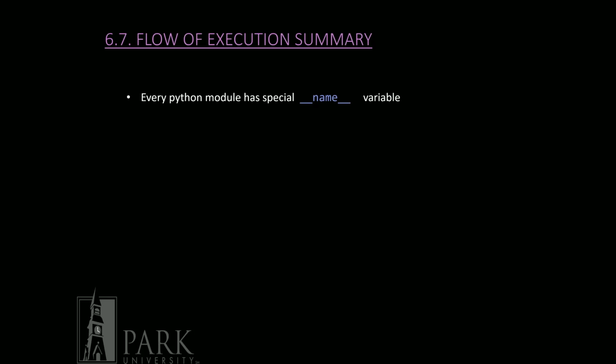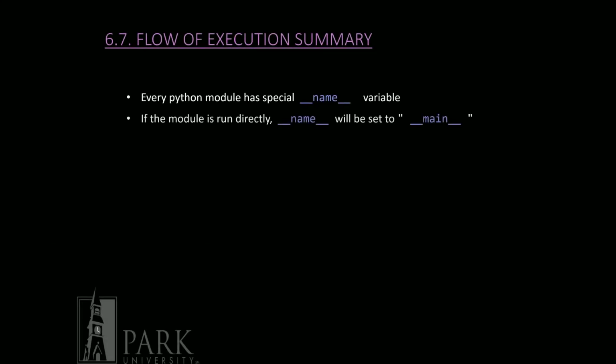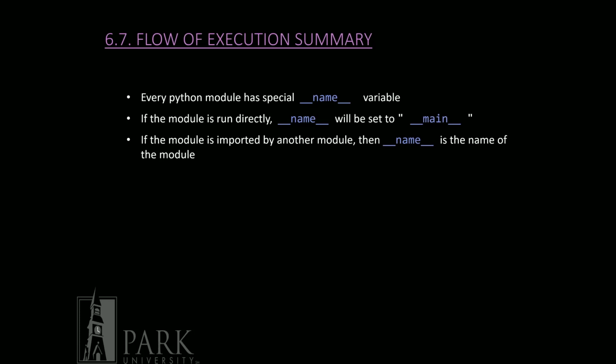If we are running the module directly, that is, we are in Visual Studio Code and we are executing this module here, this module's name will be set to main. However, if the module is imported by another module, then its name will remain the actual name of the module.